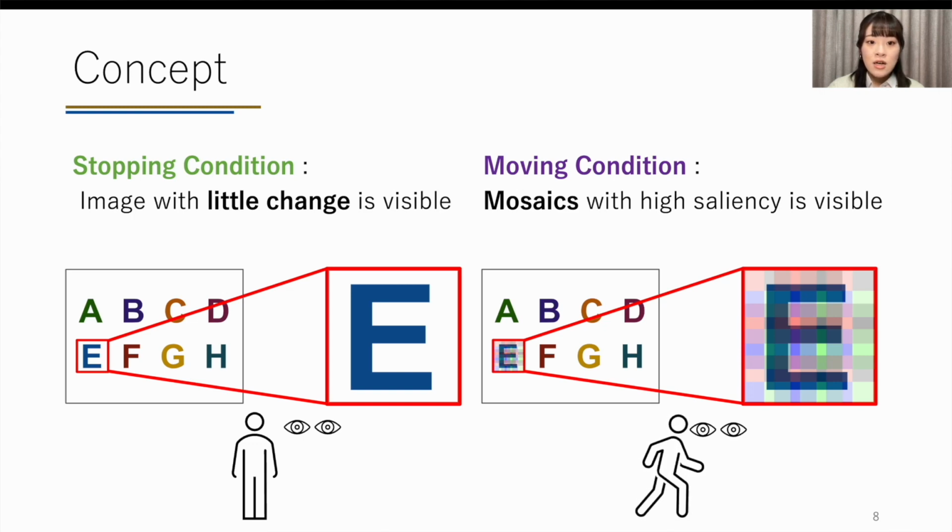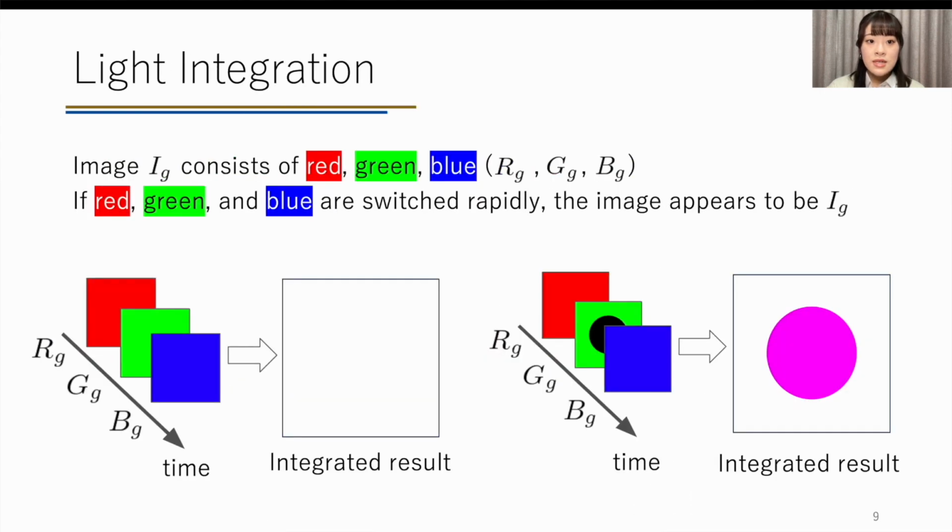To realize this concept, we utilize light integration. In common projectors and displays, the pixel values are generated by combining three colors of lights: red, green, and blue. If we switch between red, green, and blue at high speed, these three colors appear as a single image by light integration.